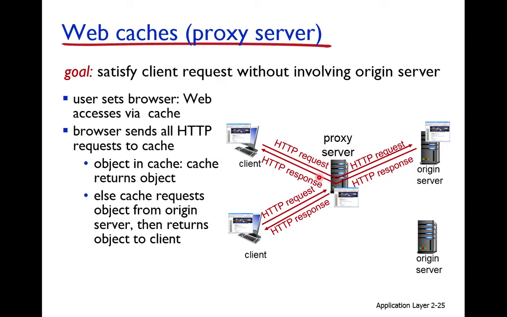If it is present, then it responds. If it is not present, then the request is forwarded to the origin server. If the object is in the cache, the cache returns the object, as in this case. If it is not present, as in the first case, it was sent to the origin server. When the object response is received from the origin server, one copy is maintained in the cache and one copy is sent to the client.